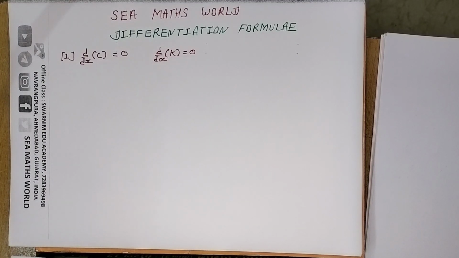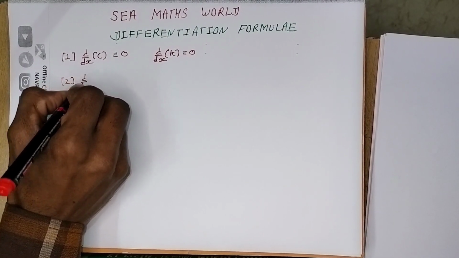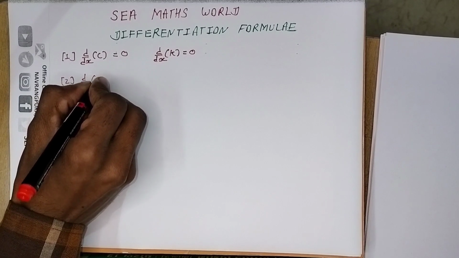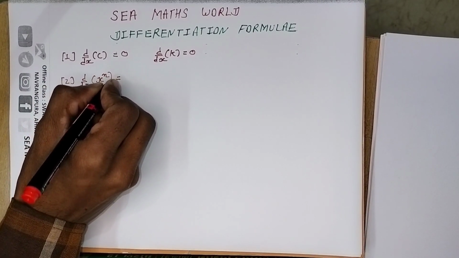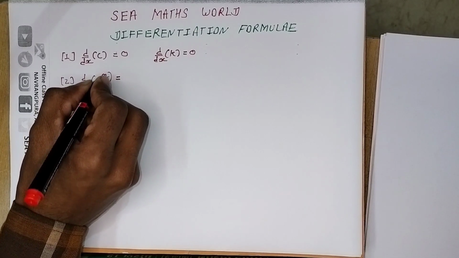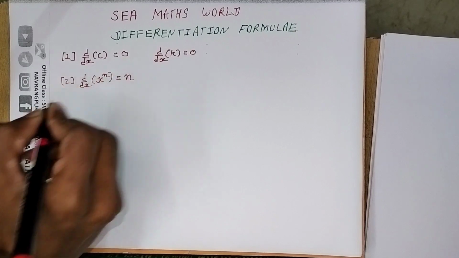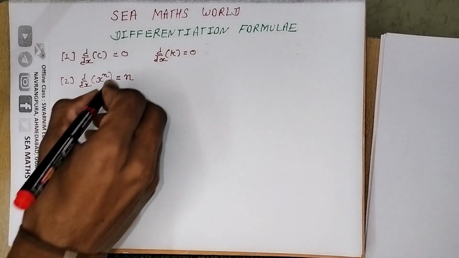Now the second differentiation formula is differentiation of x raised to n. In this formula, what we will do? Whatever the power given, come forward, here is n, then decrease power by 1.